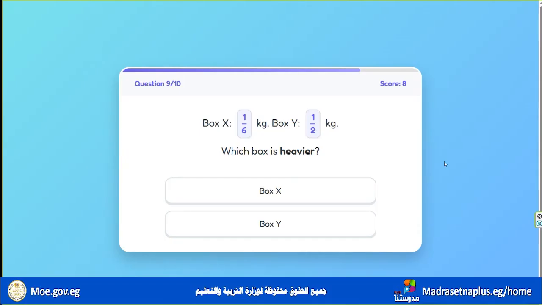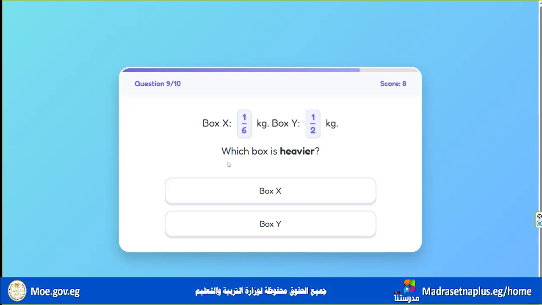Box X and box Y. Box X is 1/6 kilogram. Box Y is half a kilogram.